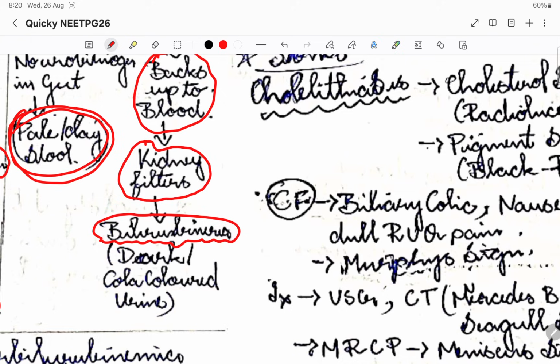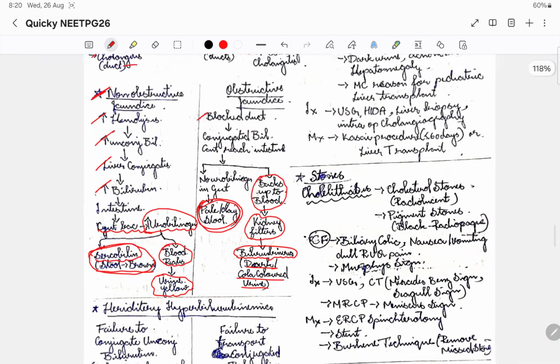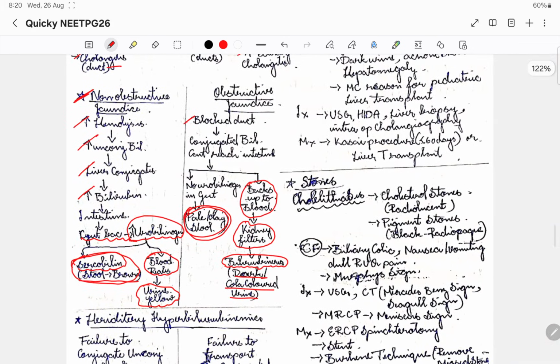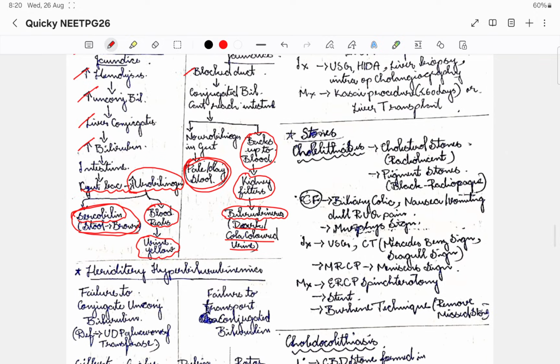That is why the urine would look cola colored or dark. So this is the difference: just by looking at the stool and urine itself, we can judge whether we are dealing with obstructive or non-obstructive jaundice. This is what they'll give in the cases.